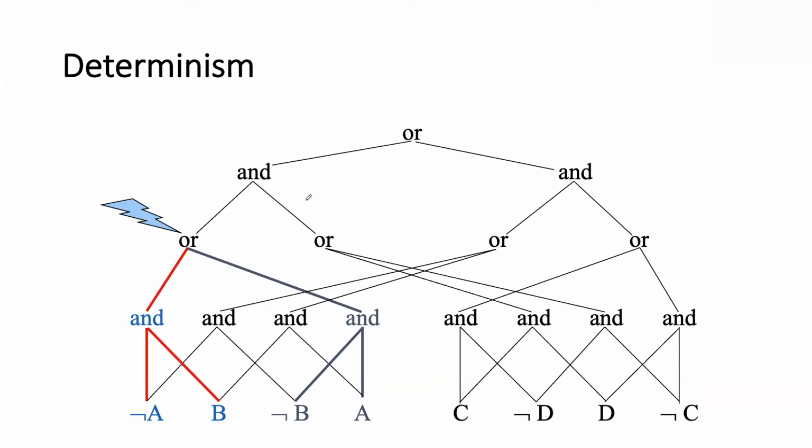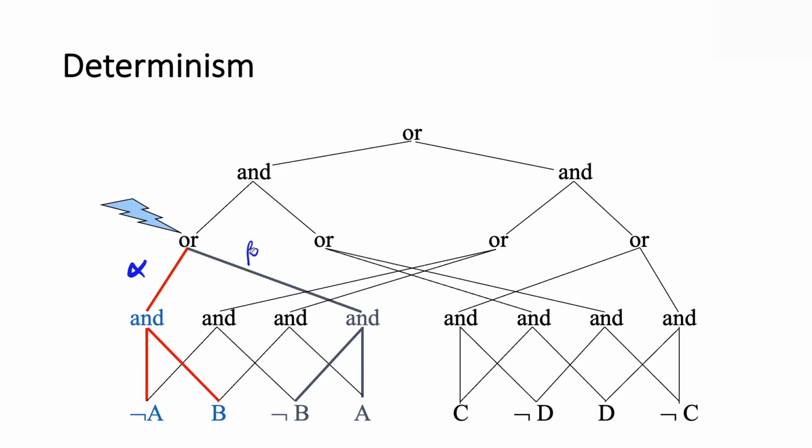Now, we will be focusing on determinism today and the impact it has on tractability. If you recall, determinism relates to OR nodes. If you have an OR node like this, and in this case it happens to have two children, let's call the first one alpha and the second one beta. Then what I want is alpha and beta to be mutually exclusive.